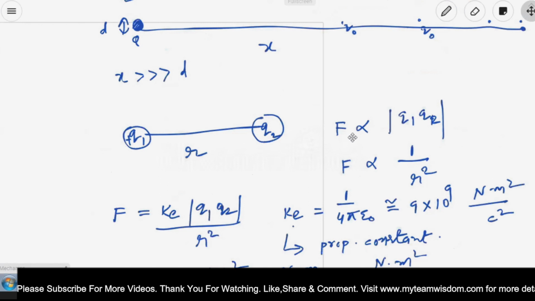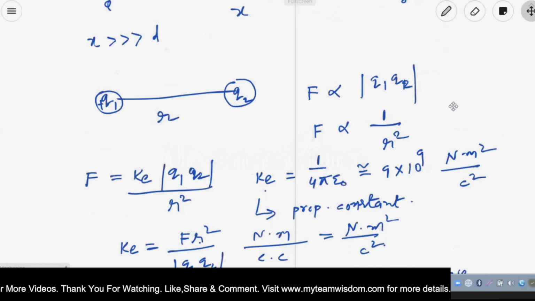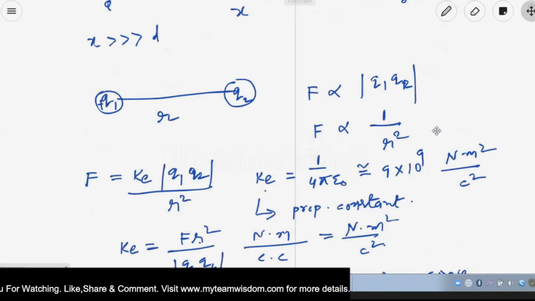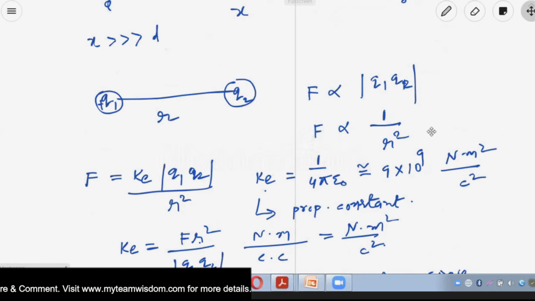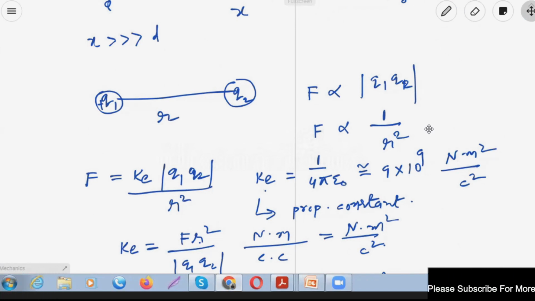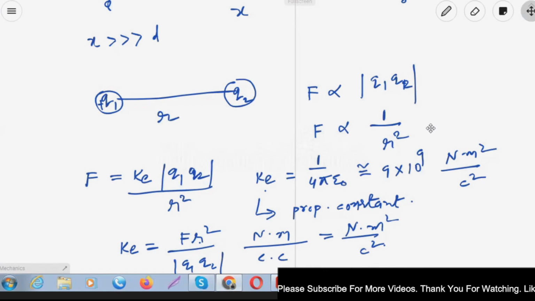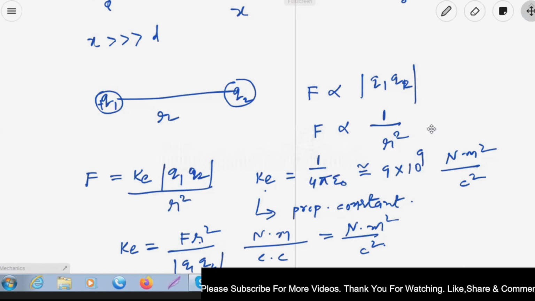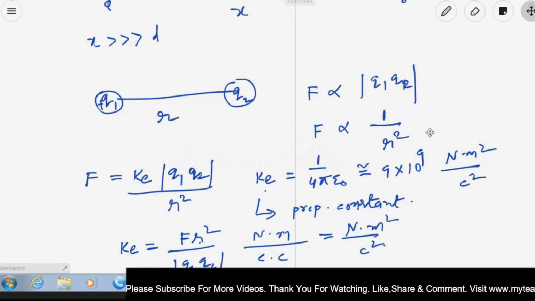Coulomb's law is valid for point charges, right? Yes, Coulomb's law is valid for point charges. If I take two point charges Q1 and Q2, the force of interaction, I'm not saying force of attraction or force of repulsion, both are part of the force of interaction. Whenever you separate the two charges by a certain distance r, there is a force of interaction between them.